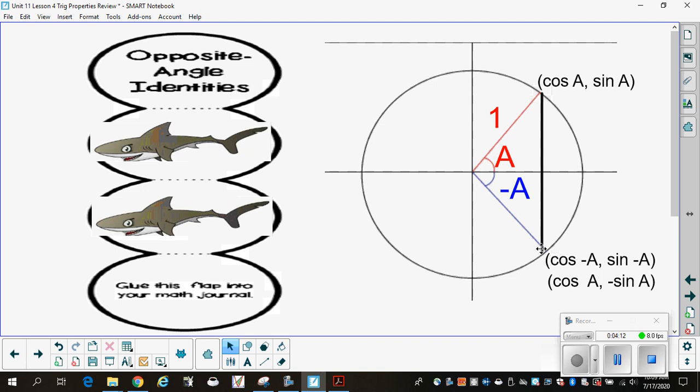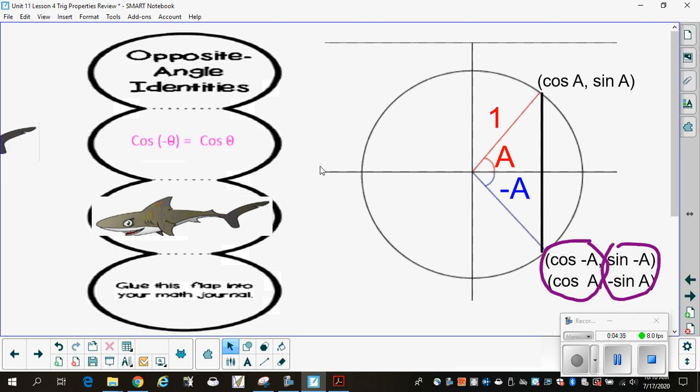So down here, this is also cosine A, but it's negative sine A, which is the same thing as cosine of negative A and sine of negative A. So here is where you are getting your opposite angle identities. This is essentially the proof or the drawing of it. So you just know that cosine of a negative angle is the same thing as the cosine of that angle, whereas the sine of a negative angle is equal to the negative sine of the angle.